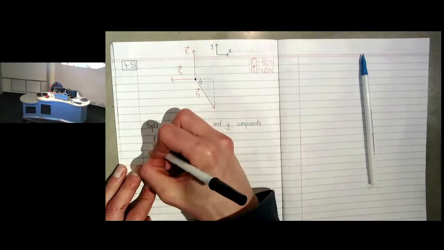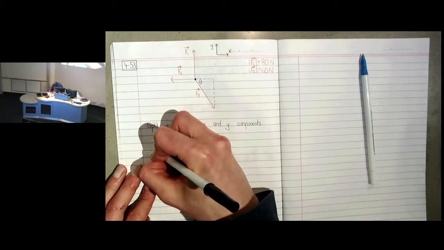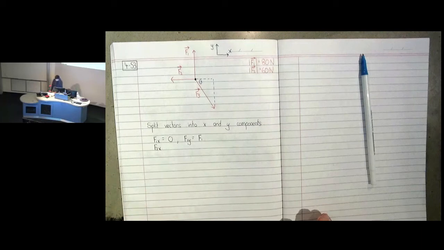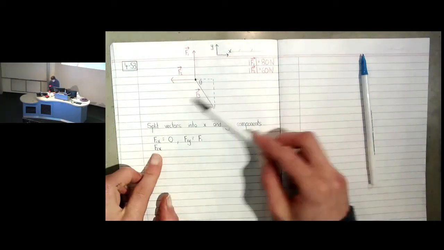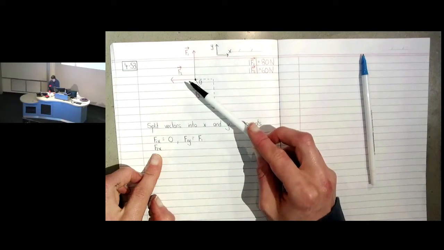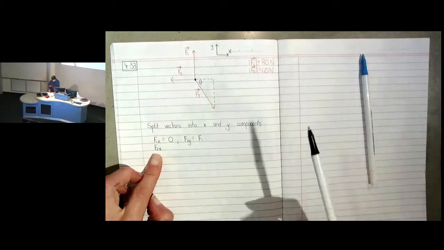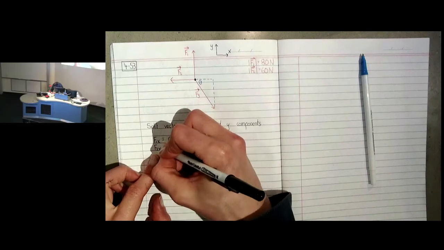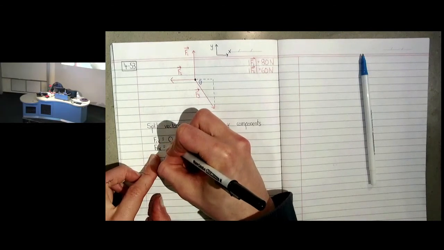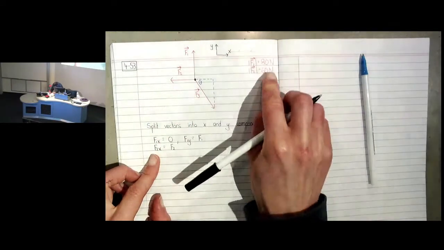What about F2? Well, F2, unlike F1, is pointing in the x direction. And since it is pointing in the x direction, the length of its x component has to just be equal to the length of the vector itself. So here, that's going to just be equal to F2, which is that 60 newtons.